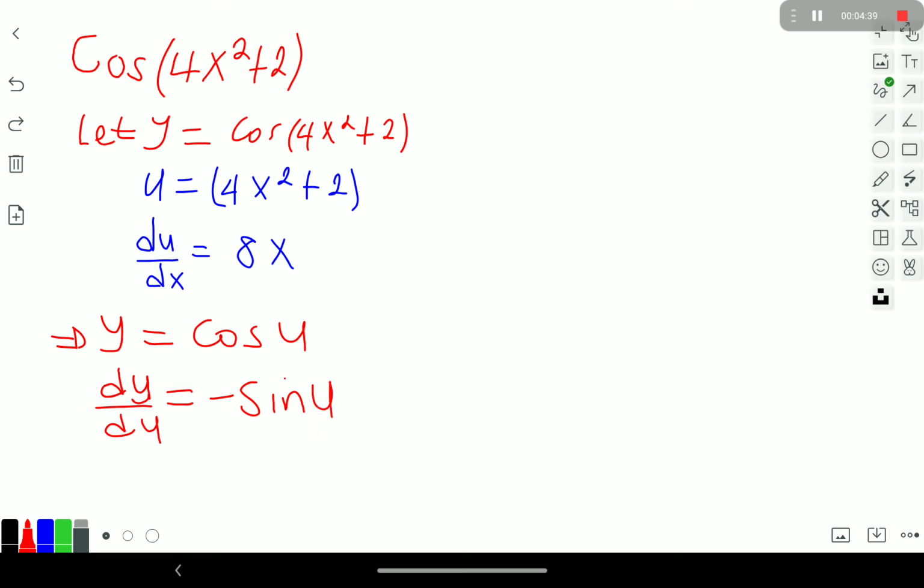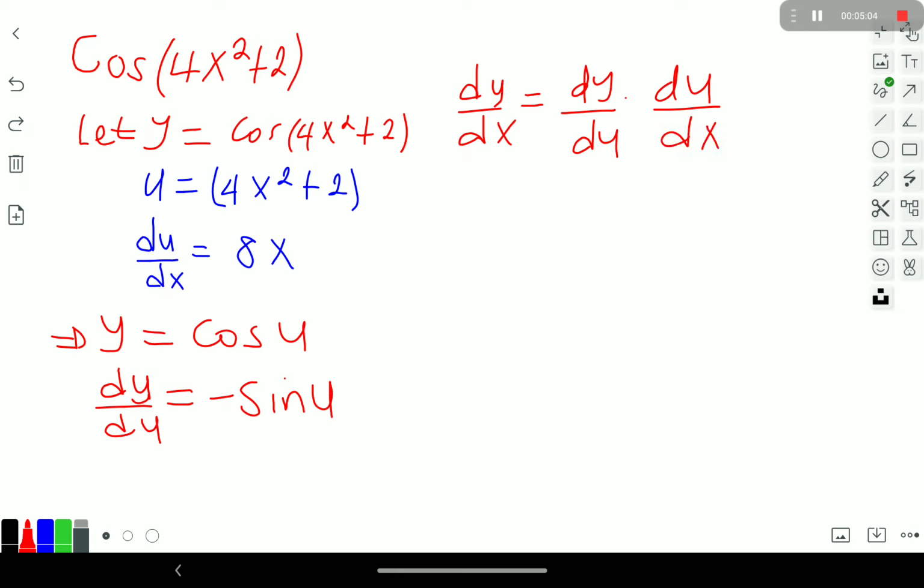Now we again apply the formula that we used in the previous one, that dy/dx is the same as dy with respect to u, times du with respect to x.